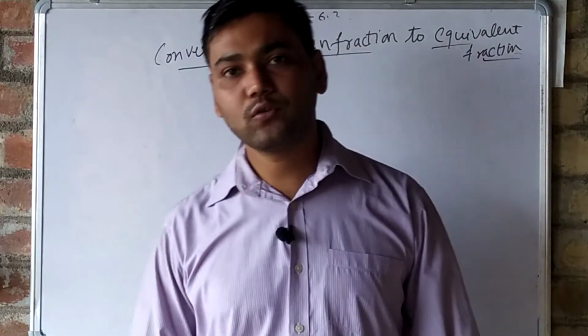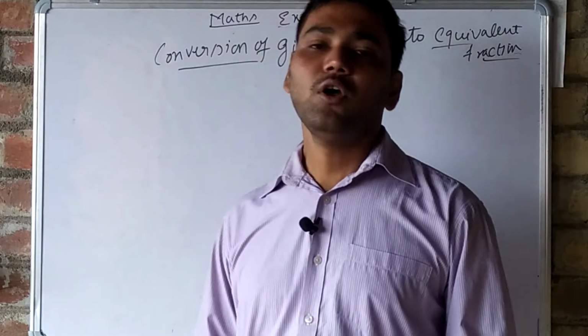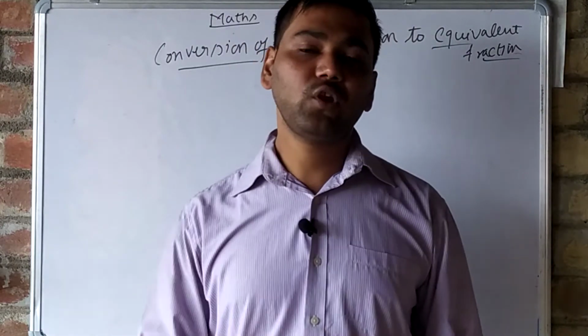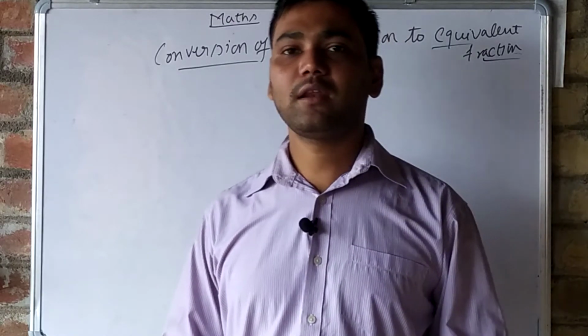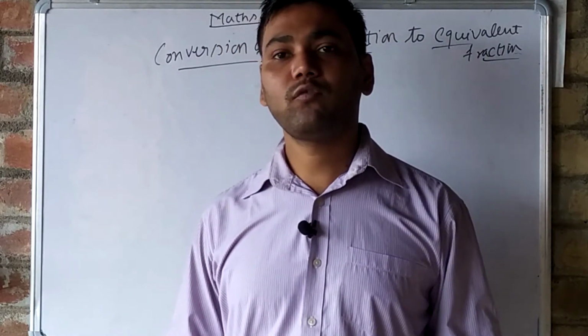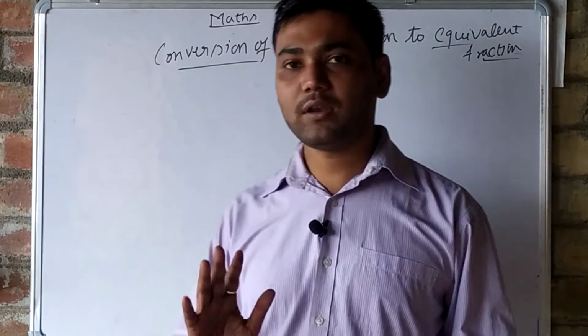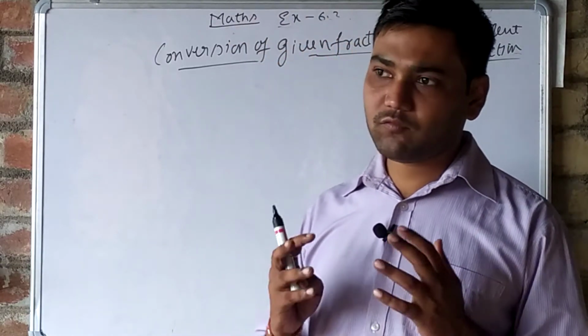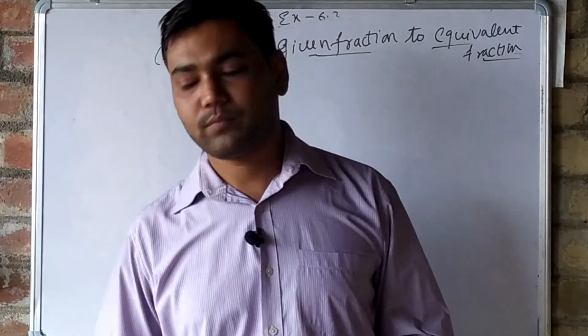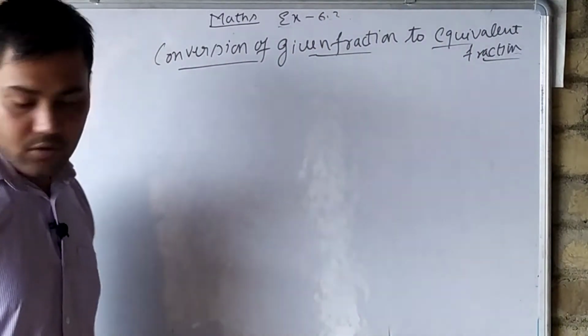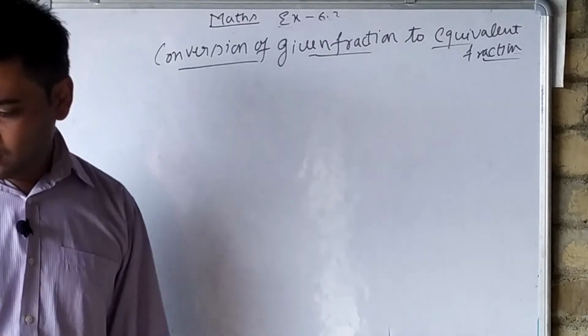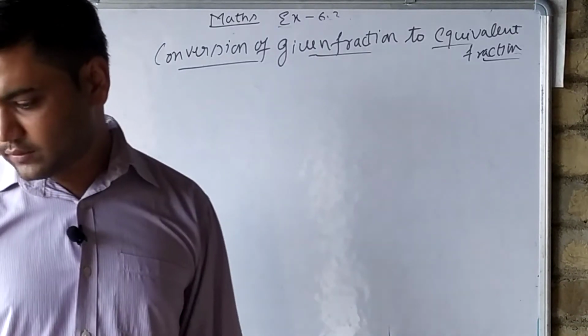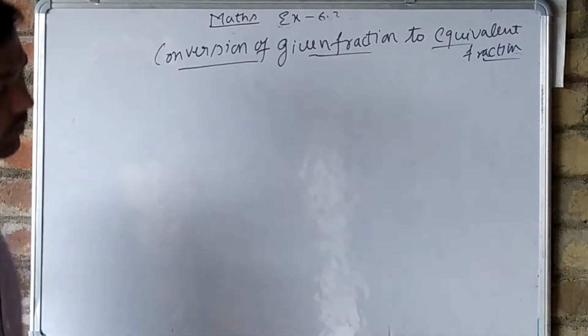So this is also very important, and you have to use it very frequently till your higher classes. So you have to keep these two things very seriously and very deeply in your mind. Now see, I am going to take a few cases, 7 upon 12 and 5 upon 21.